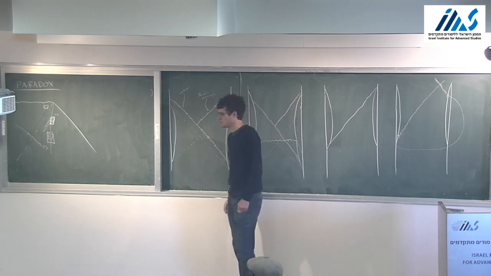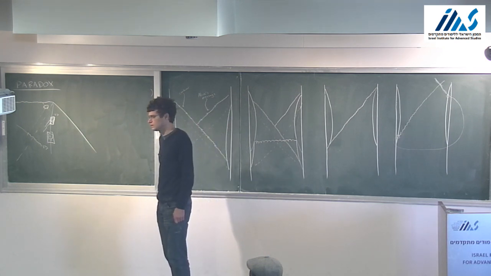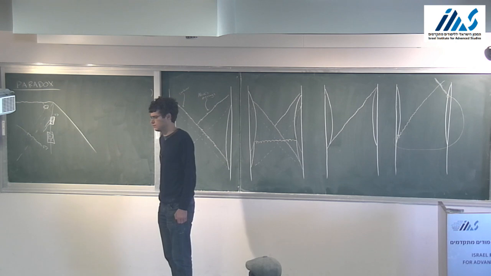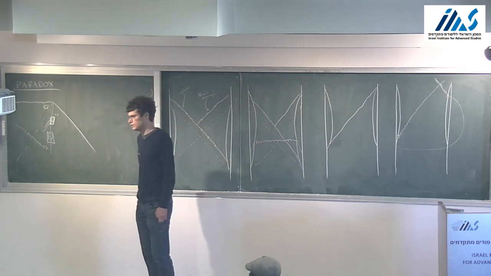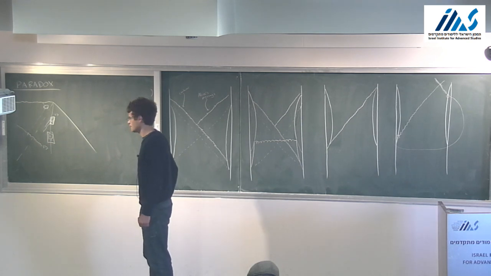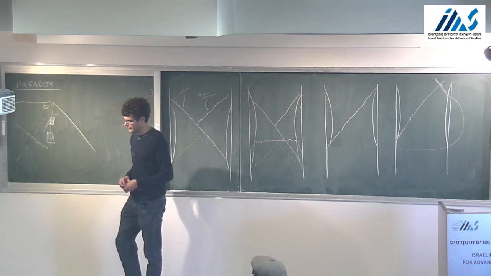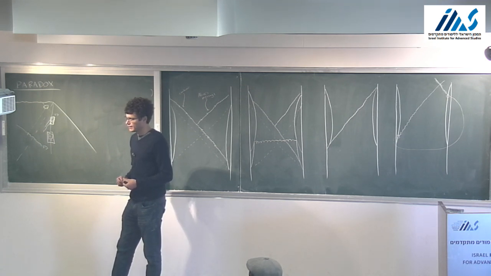So did Hayden and Preskill assume that there was something like this operation that they do to retrieve the information from the few number of bits? Does it act on the black hole as well? Like this O left, O right? Let me clarify that. Their operation acts only on the quantum computer. But it acts on the quantum computer after it's absorbed a couple of bits of Hawking radiation.